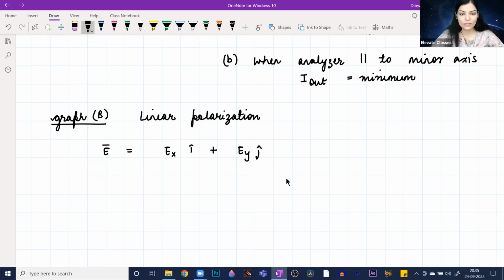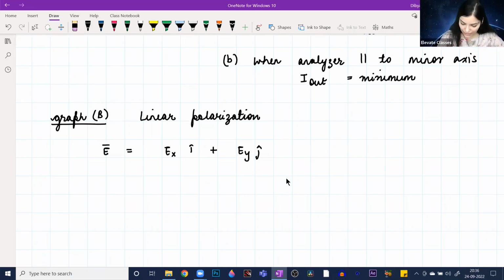If my analyzer is parallel to the ith component, तो jth completely block हो गया, तो intensity क्या हो गई? इंटेंसिटी EX स्क्वायर हो गई, ठीक है. अगर माई एनालाइजर इज नाउ पैरेलल टू द jth component, that means the ith component completely got absorbed and only the EY component was passed, ठीक है. तो like that I can choose that which component is passing.